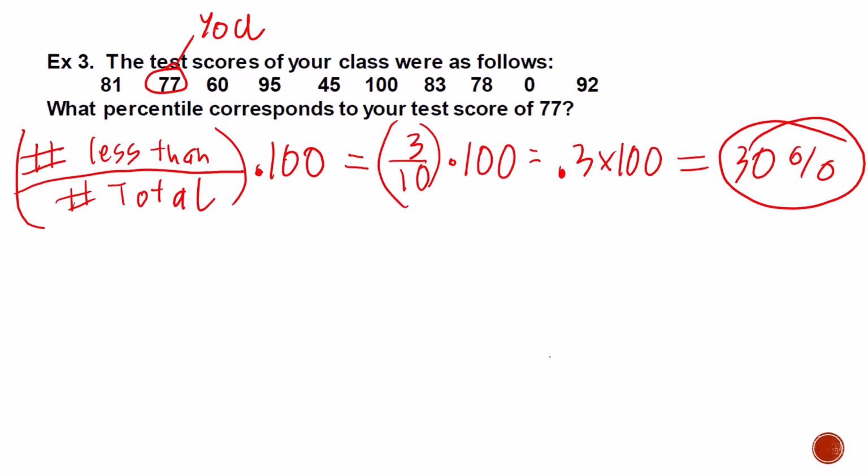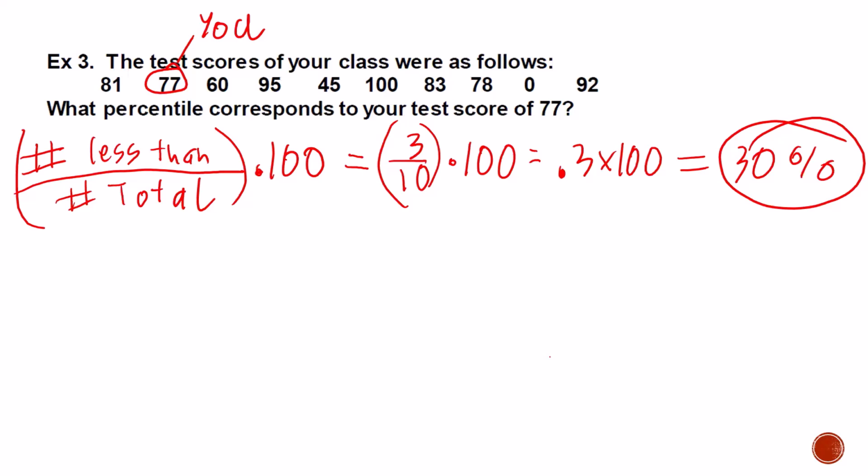So it's pretty easy to see. 3 out of 10 scored worse than you. 3/10 is 0.3. You can either think of the 0.3 becoming 30% by multiplying by 100, or you're just converting it from a decimal to a percent. This is your percentile, because you're saying I did better than 30% of the people taking the same test.